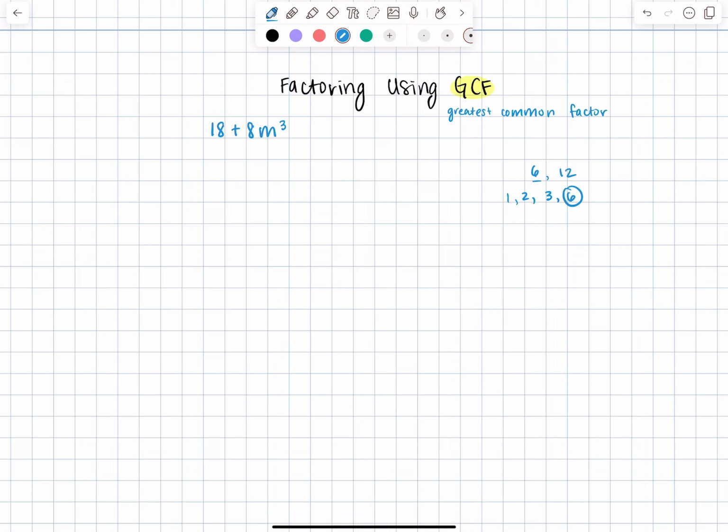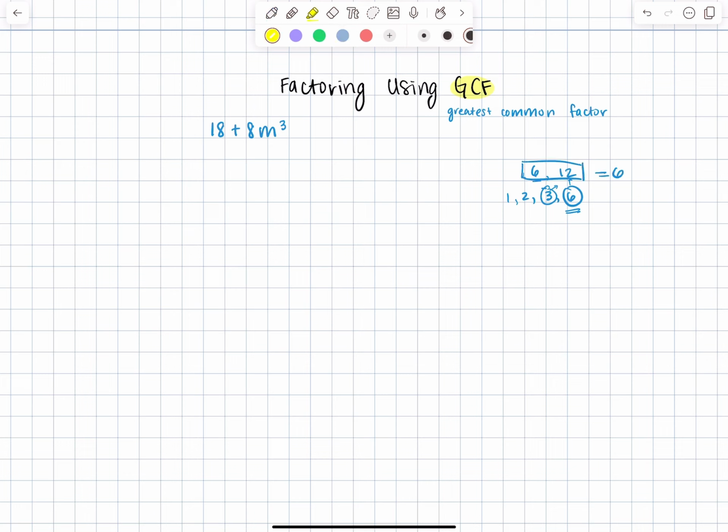You can get 6 by multiplying 2 by 3, and 12 by multiplying 2 by 6. Or 3 by 2 to get 6, and 3 by 4 to get 12. So these are your factors for both numbers, and our greatest one here is 6. So the GCF for this pair, 6 and 12, would be 6.